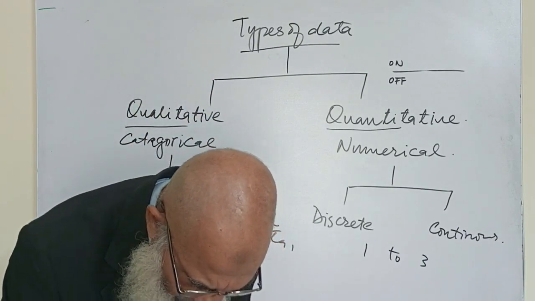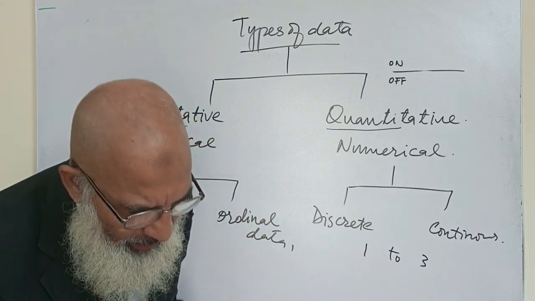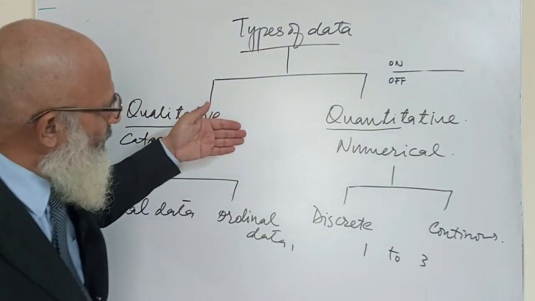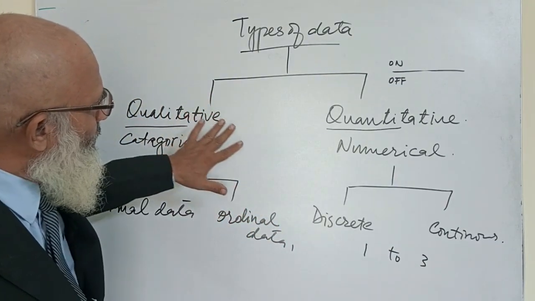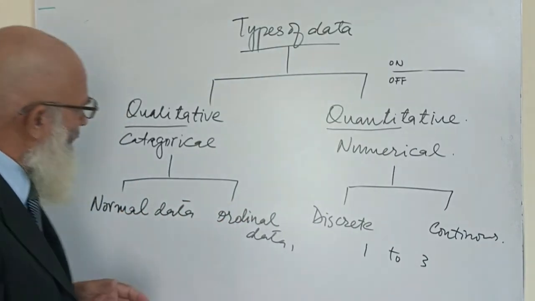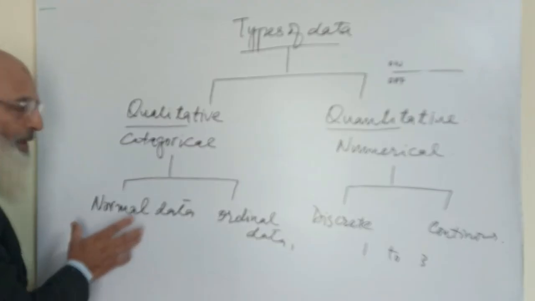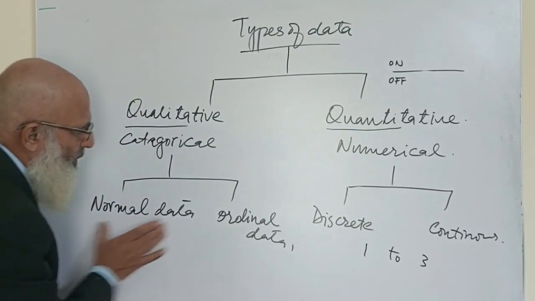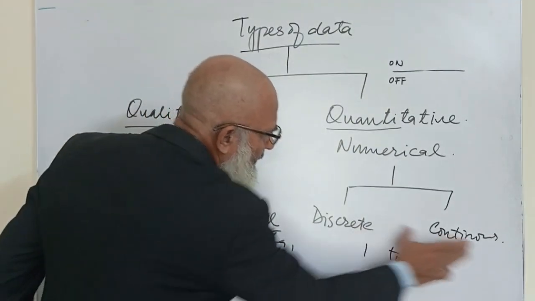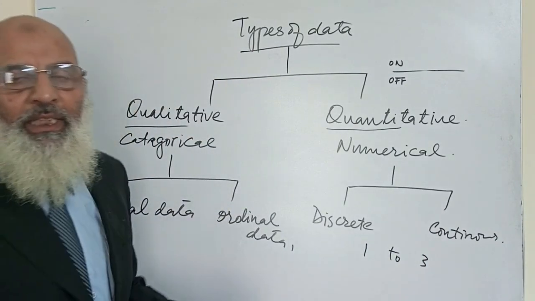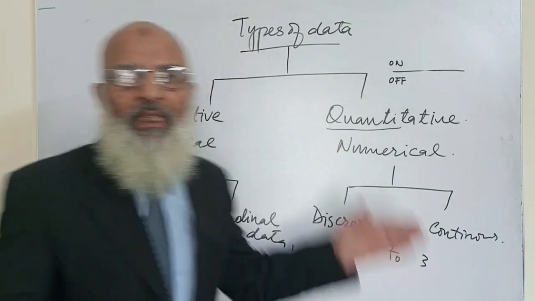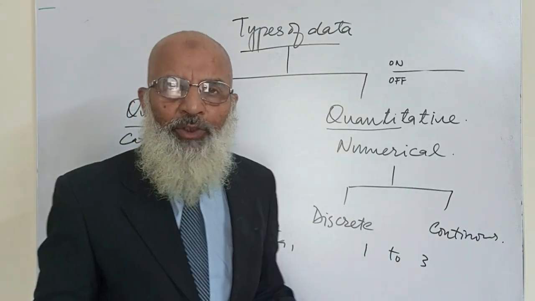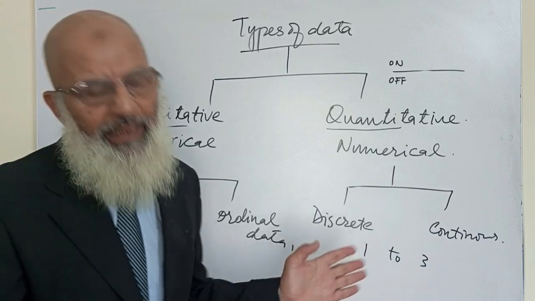We don't go into further detail, so we stop right here. There are differences between nominal data and ordinal data, what is discrete data, what is continuous data, but we need not study these in this exercise or in this chapter. If it comes, I'll tell you.